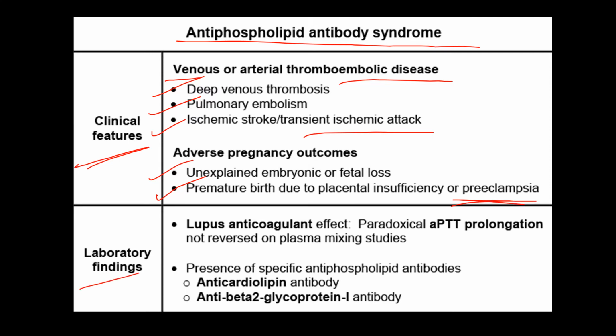Lab findings suggestive of lupus anticoagulant effect include paradoxical APTT prolongation not reversed on plasma mixing studies, and presence of specific antiphospholipid antibodies, that are anticardiolipin antibody and anti-beta-2 glycoprotein 1 antibody.